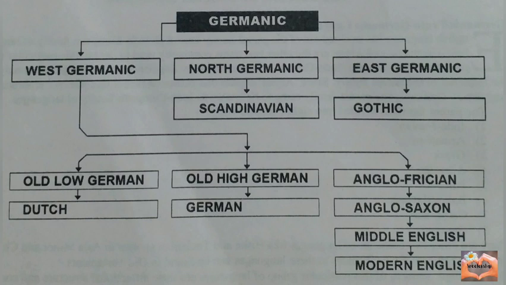We can divide it into Old Low German, that is Dutch language, and Old High German, that is German language itself, and again Anglo-Frisian. Then the language evolved from Anglo-Saxon to Middle English and now Modern English. So these are the main divisions of the Indo-European family of languages.